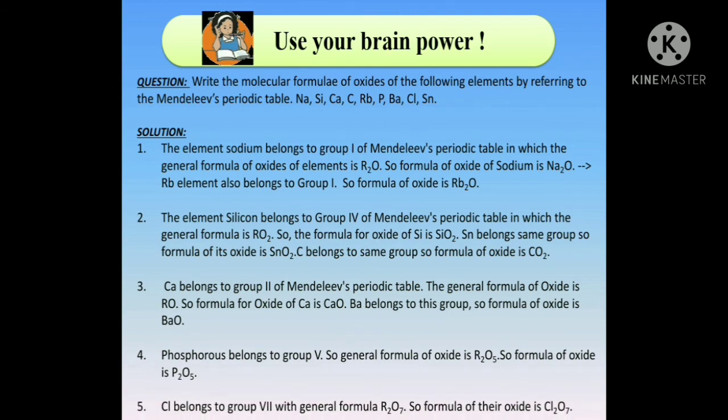Cl, that is chlorine, belongs to group 7, the group of halogens, with general formula R2O7. If we replace R with Cl, the formula of the oxide becomes Cl2O7, that is chlorine oxide or dichlorine heptoxide.